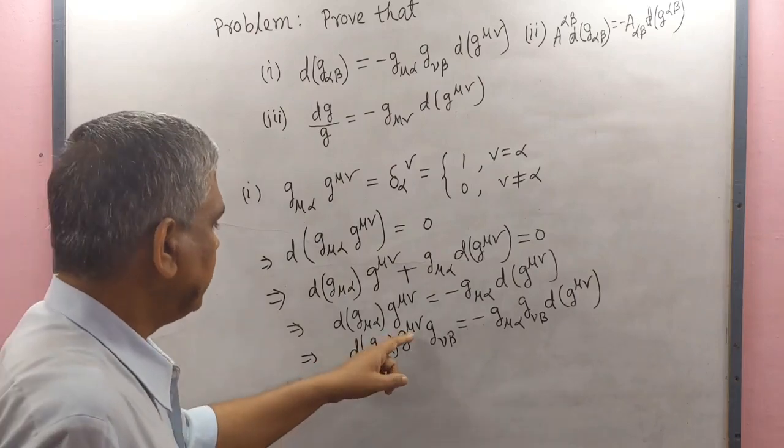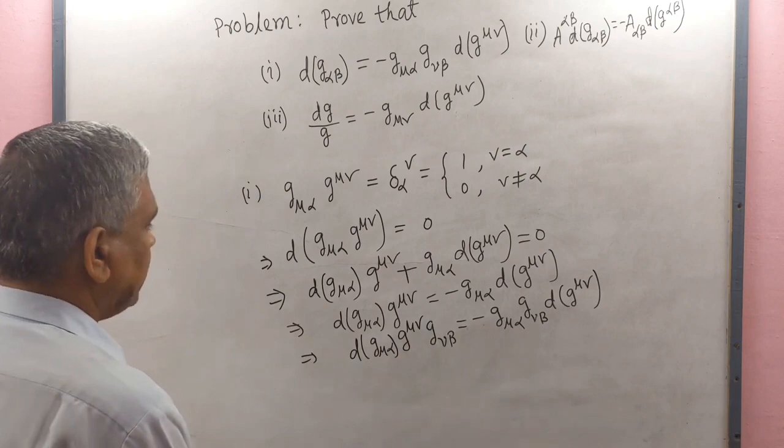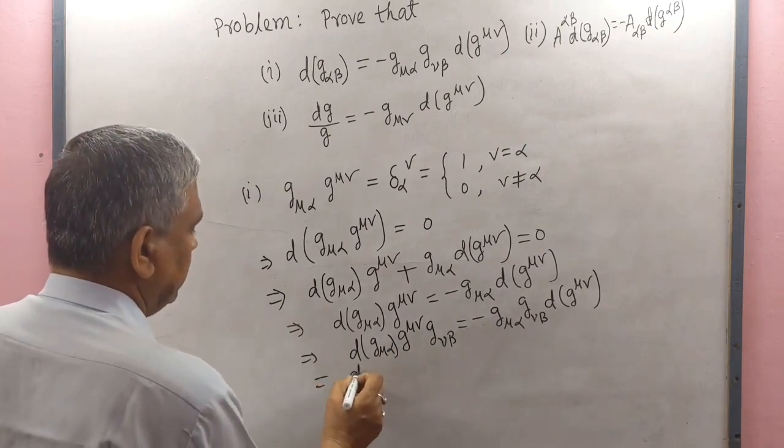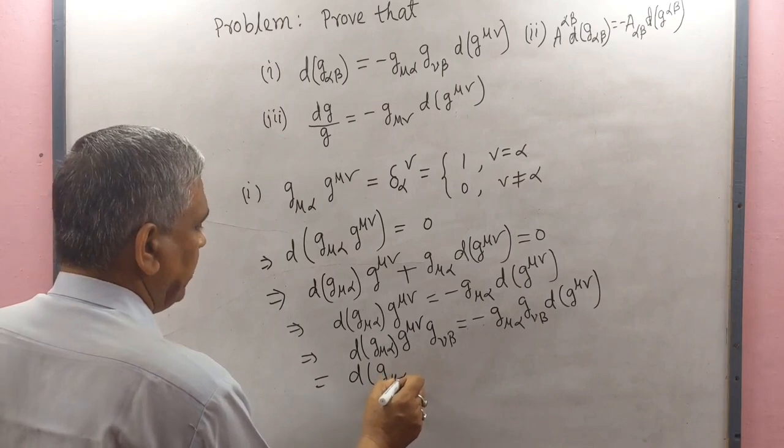Here we see that nu is common, so this will give the result d g mu alpha.